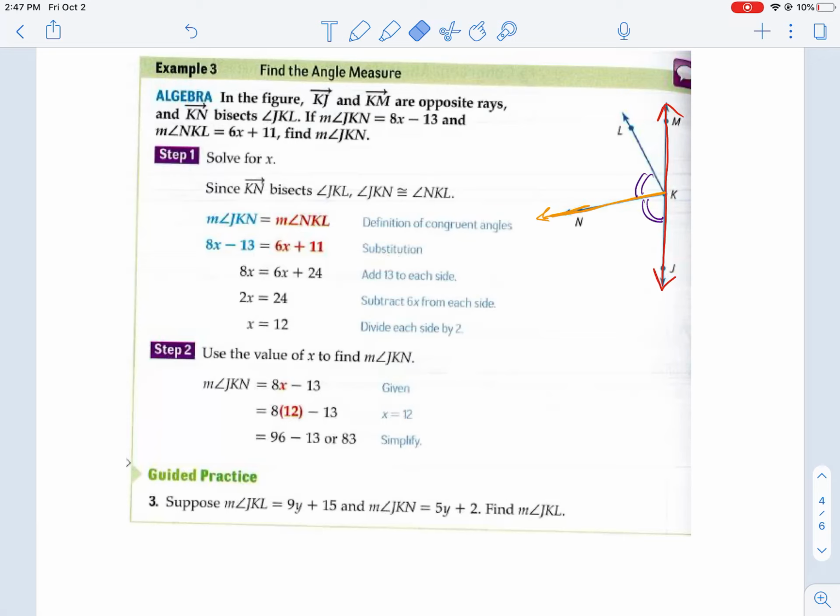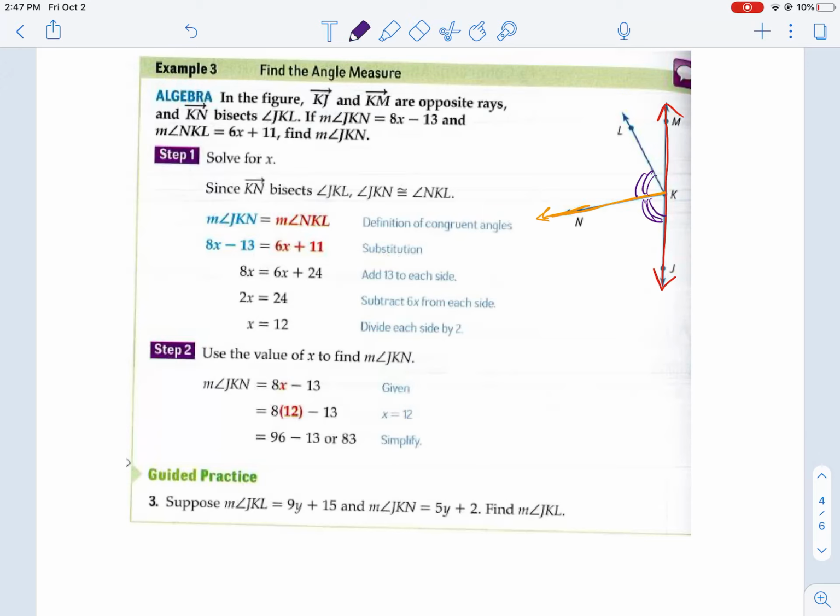Sometimes they might have one, sometimes they might have three, depending on how many angles you have in the problem. Just so you're aware, that's what those symbols mean next to those angles. So if KN bisects that, we know that these two angle measures are congruent.